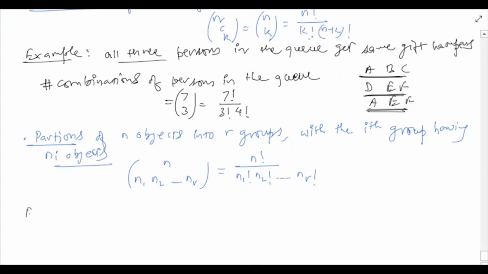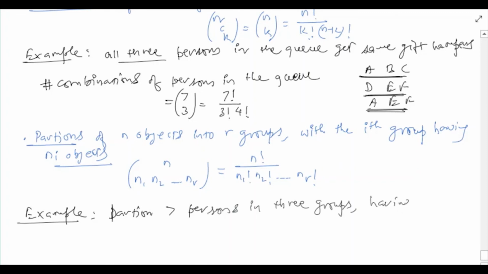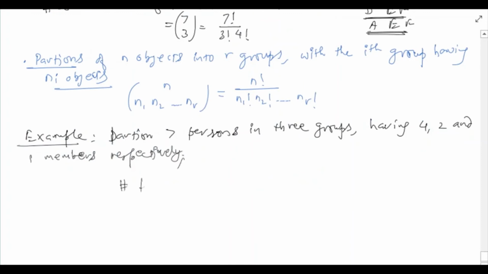For instance, in the above example, if we have to partition 7 persons in 3 groups with these groups having say 4, 2 and 1 members respectively, then number of partitions equals factorial 7 divided by factorial 4 times factorial 2 times factorial 1.